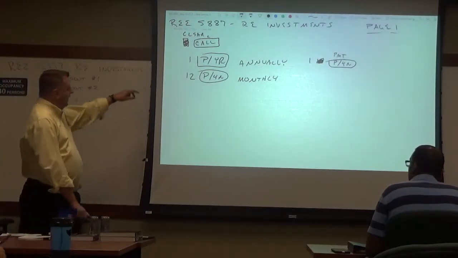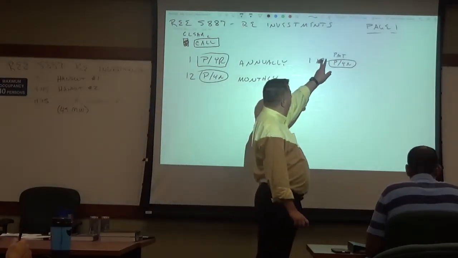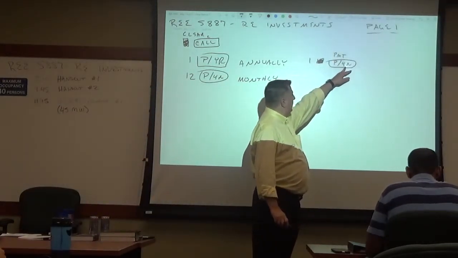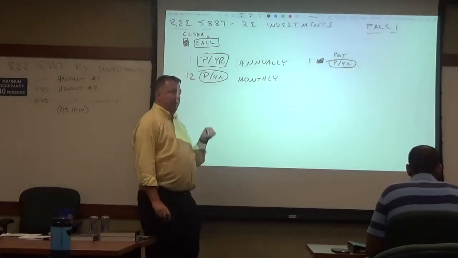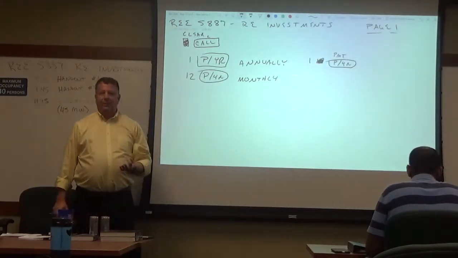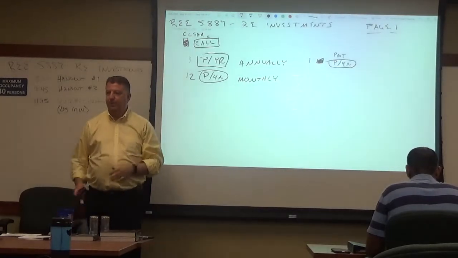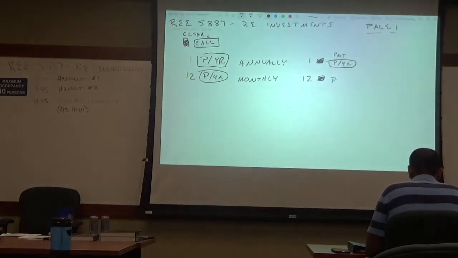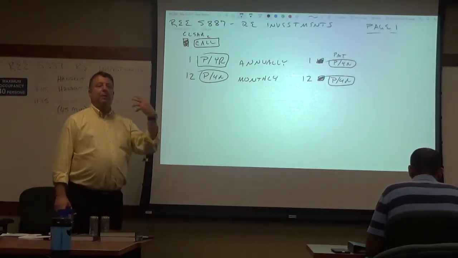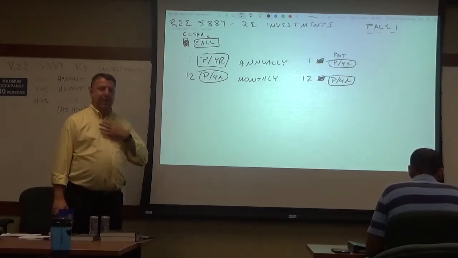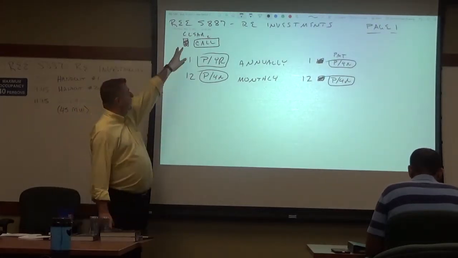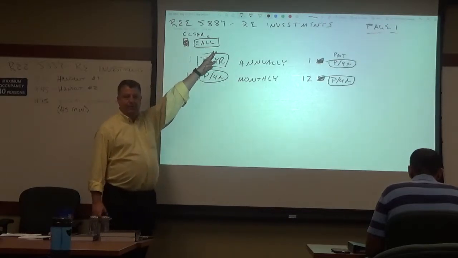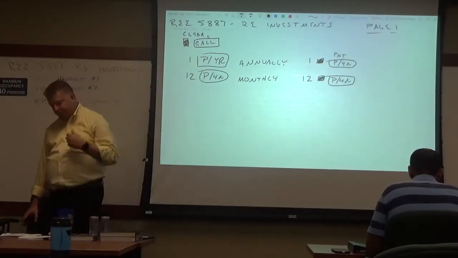So if you type in 1, shift, payments per year, and then go back and hit the shift clear all, it should now show 1 P year in the display. For monthly, same process: 12, shift, payments per year, and that will shift it to monthly compounding. And once again, to make sure that it's set up correctly, all you have to do is go back and hit the shift clear all. Everybody good?